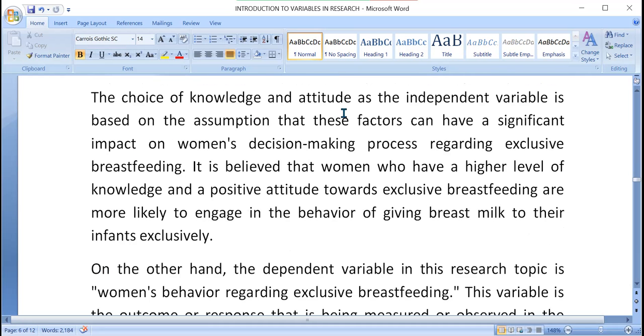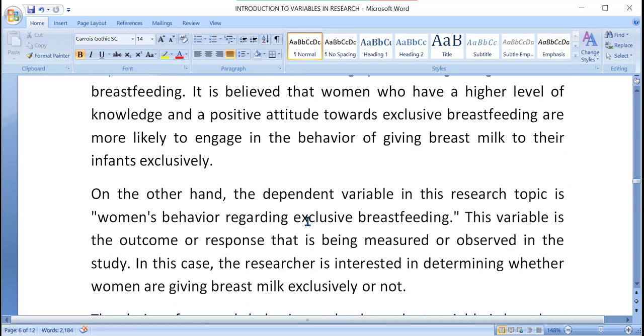The choice of knowledge and attitude as the independent variable is based on the assumption that these factors can have a significant impact on women's decision-making process. It is believed that women who have a higher level of knowledge and a positive attitude towards exclusive breastfeeding are more likely to give breast milk to their infants exclusively.